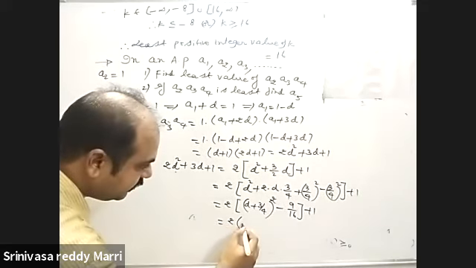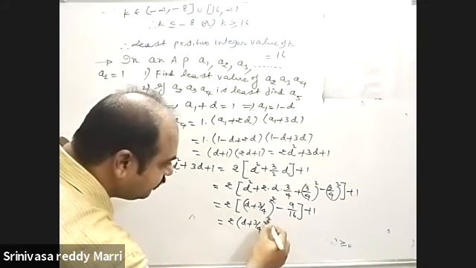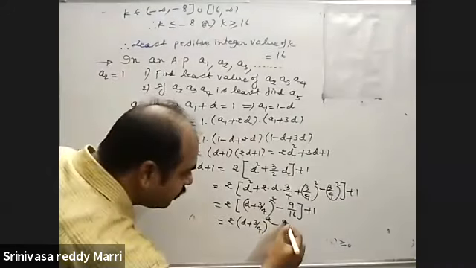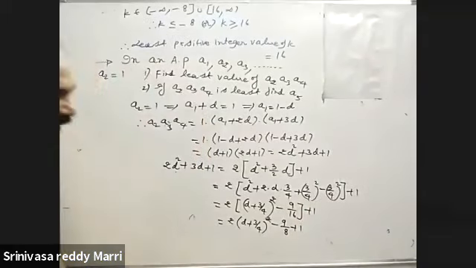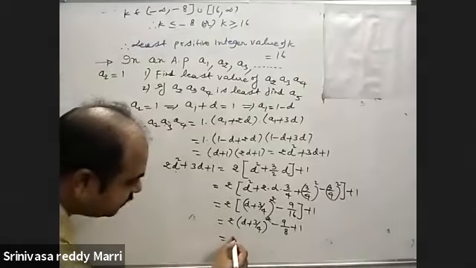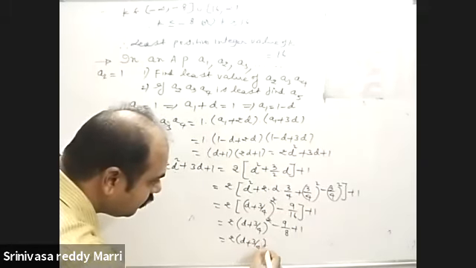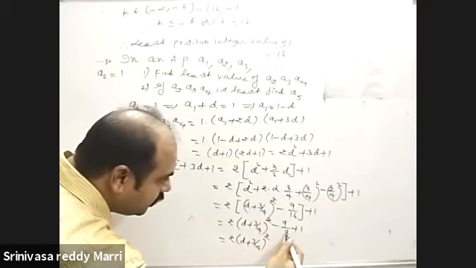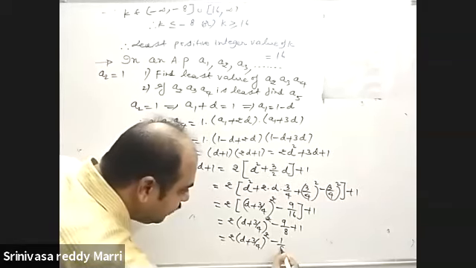You will get 2 into D plus 3 by 4 whole square minus 9 by 8 plus 1. This comes out to be, if you take the LCM, minus 9 plus 8, which is minus 1 by 8.